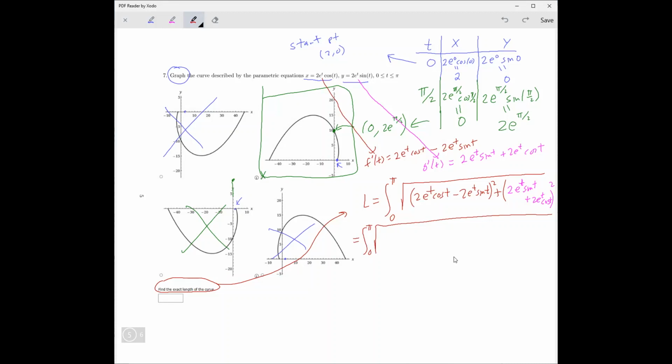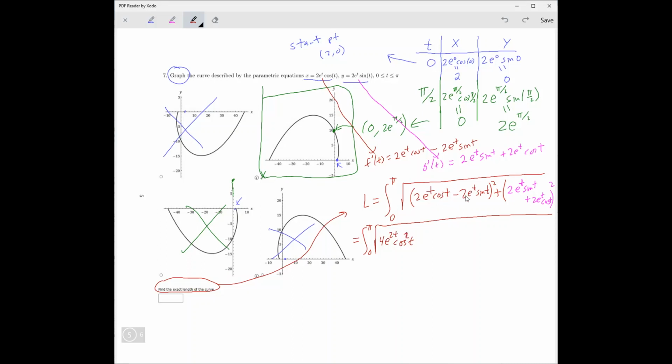So what we can do is go ahead and square everything out. So squaring this one is going to give you 4 e to the 2t cosine squared of t.